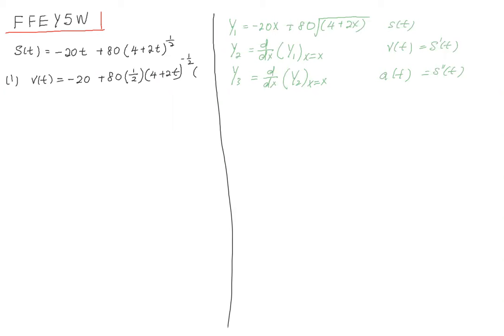Yeah, you are right. You see, that is what we require you to know. Now this one and this one cancel. So this will be negative 20 plus 80 divided by the square root of 4 plus 2t. I write it like that so that I can solve.